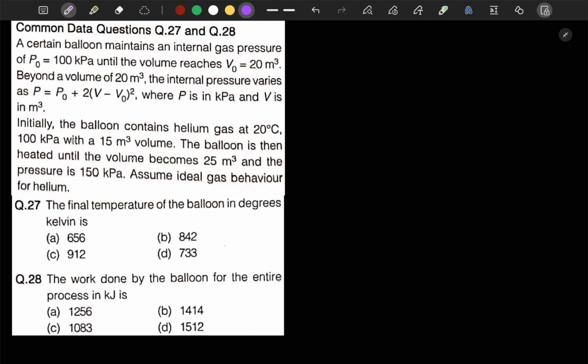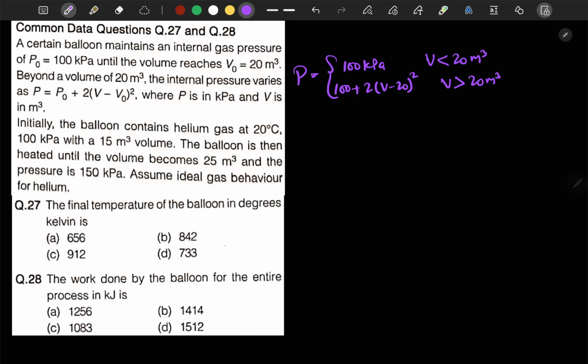Okay, so we can say the pressure behavior of the gas is 100 kilopascal for V less than 20 meter cube, and it is 100 plus 2 times V minus 20 whole square if V is greater than 20 meter cube. So this is the relation of the volume and the pressure which we get.